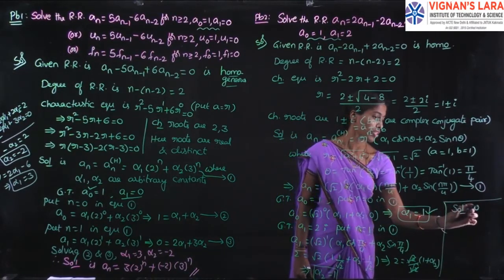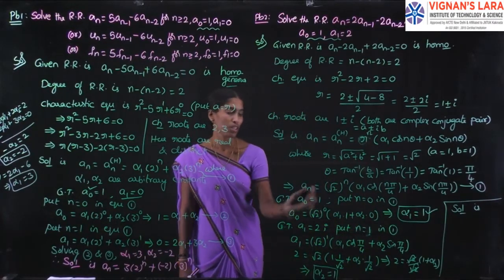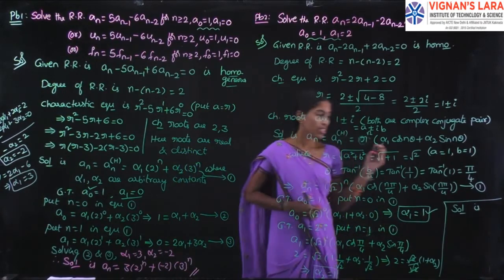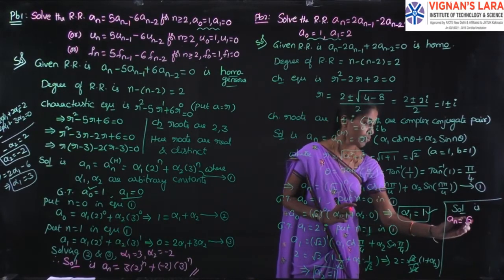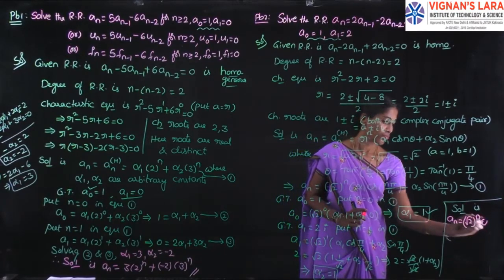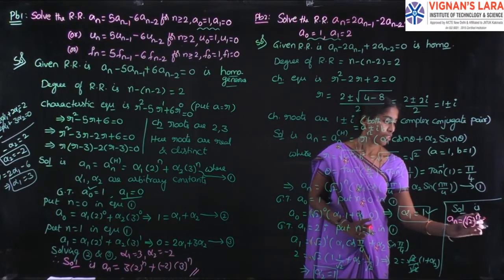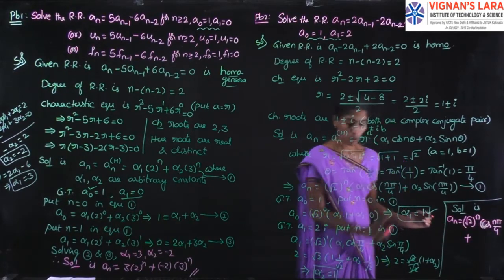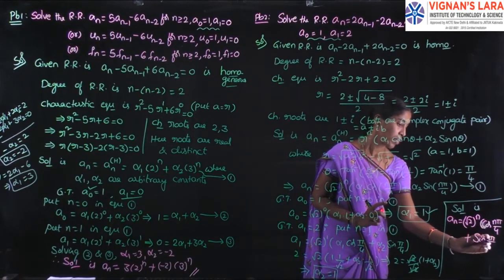Therefore, the solution is, substitute these alpha 1 and alpha 2 values in equation 1. What is the solution? an is equal to root 2 to the power n into alpha 1, which is 1, so cos n pi by 4 plus alpha 2 value, which is also 1, into sin n pi by 4.